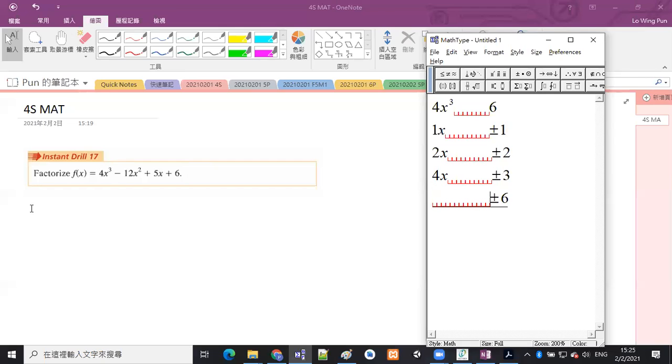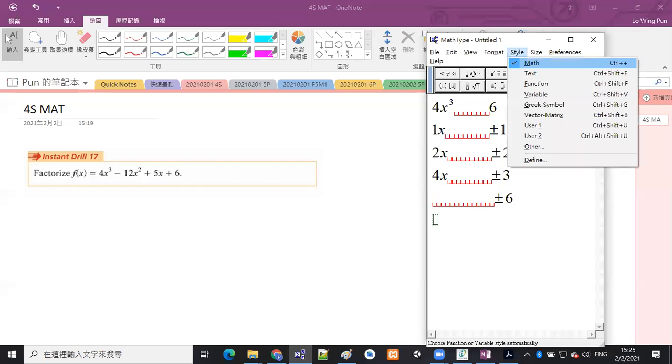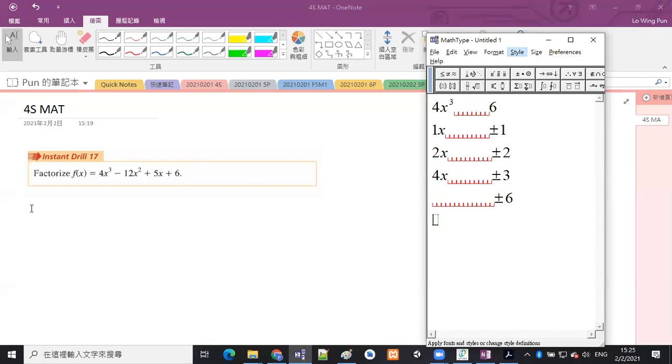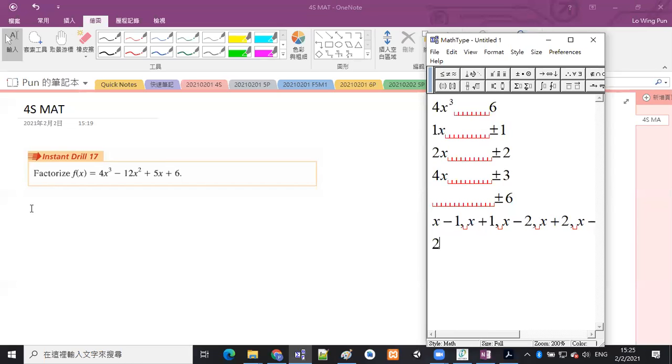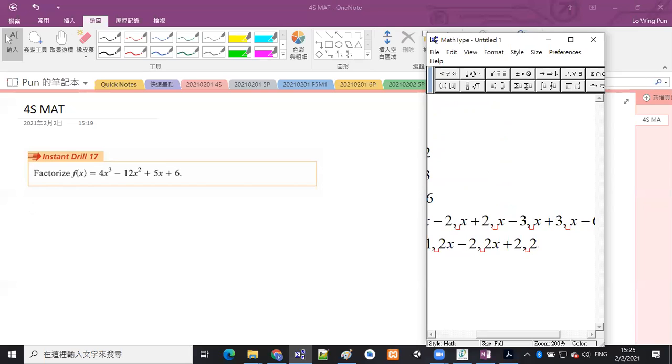That will be many, many: x minus 1, x plus 1, x minus 2, x plus 2, x minus 3, x plus 3, x minus 6, x plus 6, and then 2x minus 1, 2x plus 1, 2x minus 2, 2x plus 2, 2x minus 3, 2x plus 3, 2x minus 6, 2x plus 6.